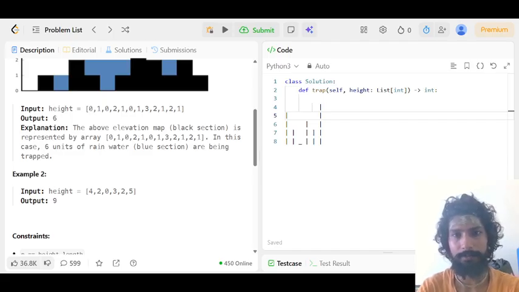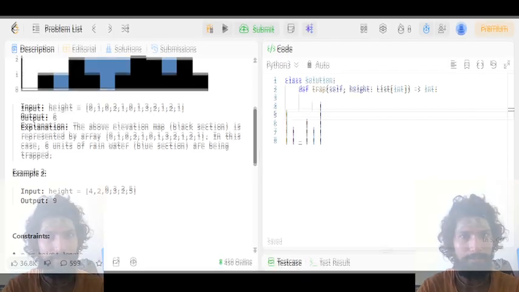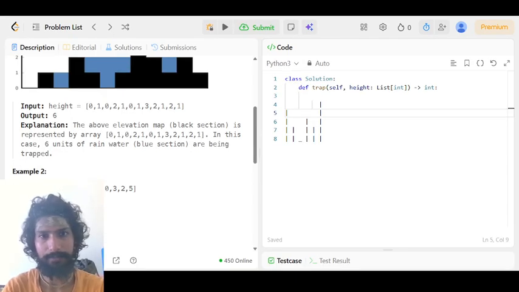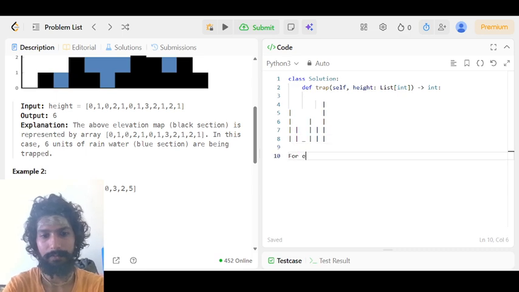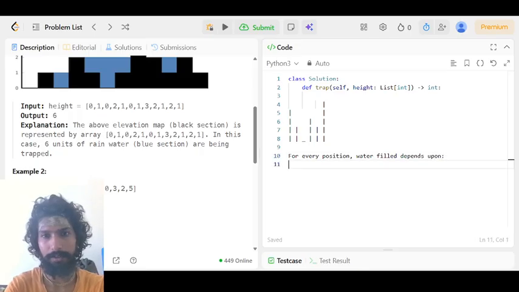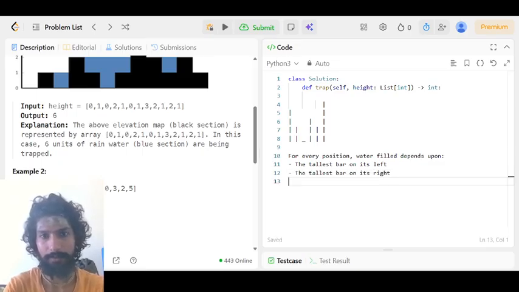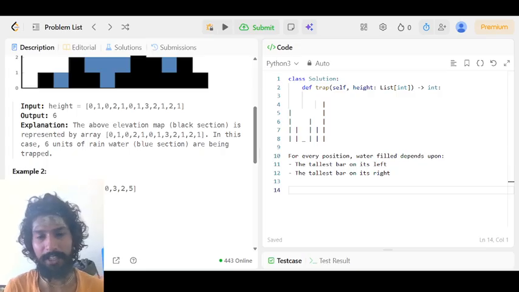For every position, water filled depends upon the tallest bar on its left and the tallest bar on its right. The water level at that position is limited by the shorter of these two boundaries.